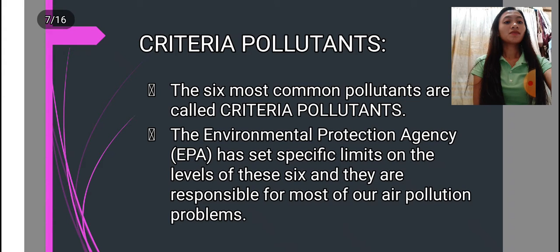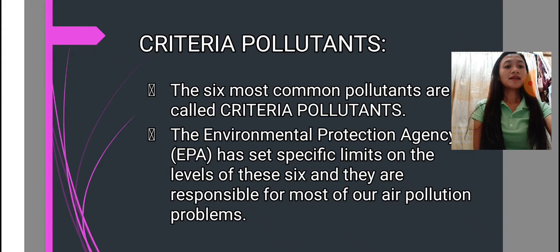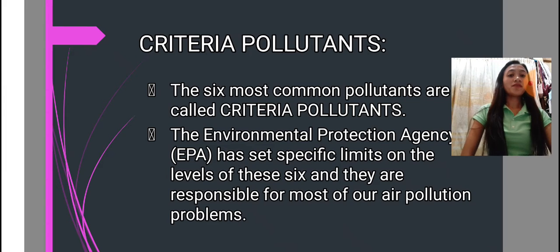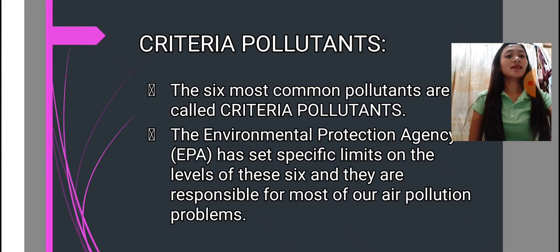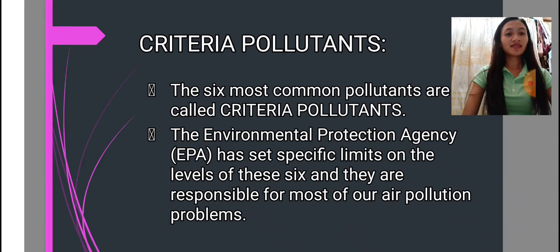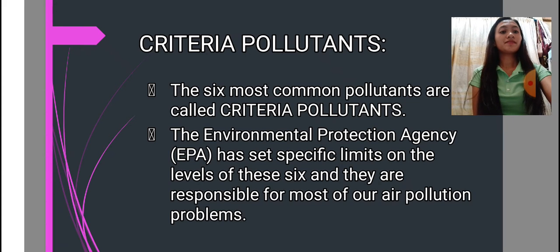So, let's go to the criteria pollutants. The six common pollutants are called criteria pollutants. The Environmental Protection Agency, or the EPA, has set specific limits on the levels of these six, and they are responsible for most of our air pollution problems.